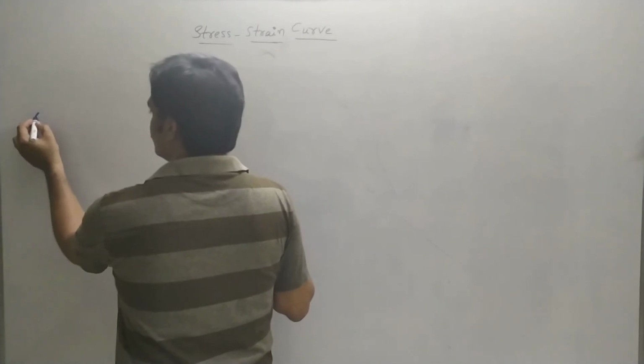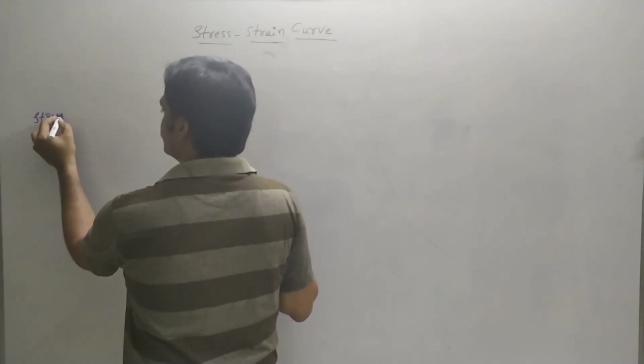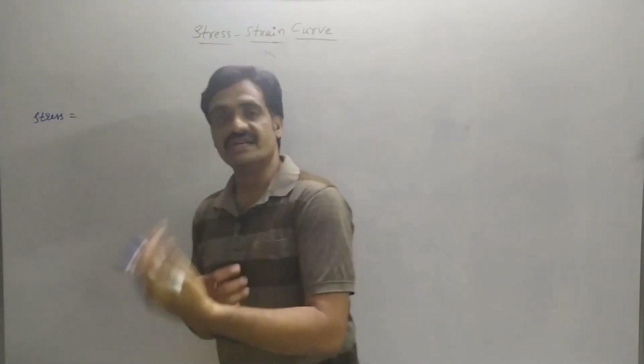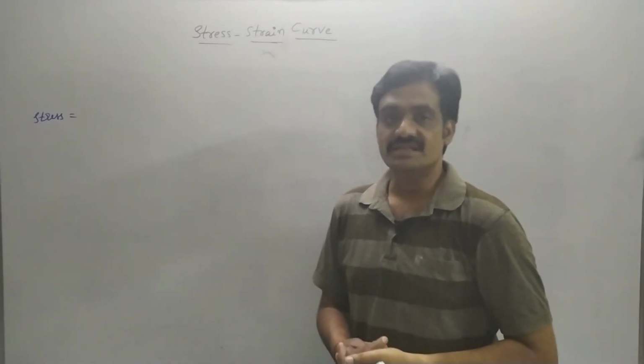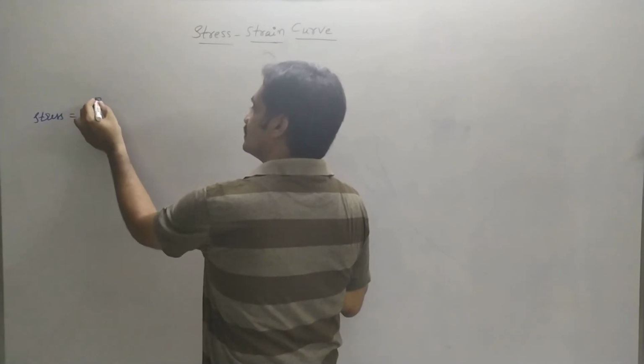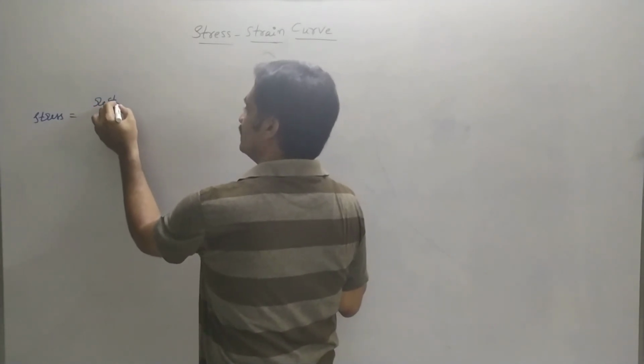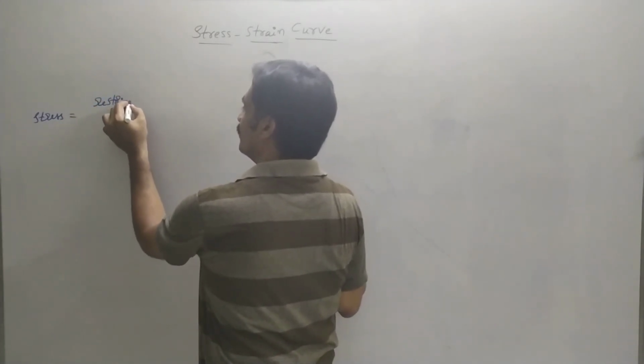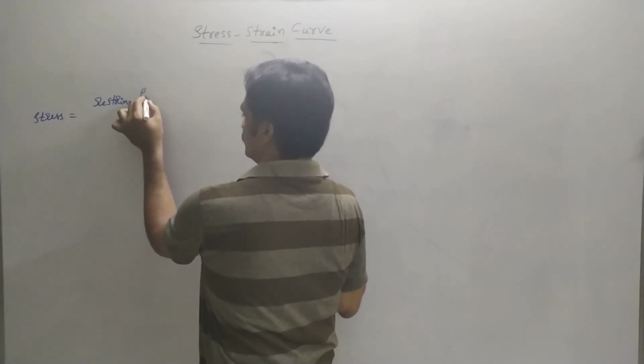As we had seen about stress and strain in our previous videos, just revising the concept once again. What is meant by stress? Stress is nothing but restoring force acting per unit area of a cross section.